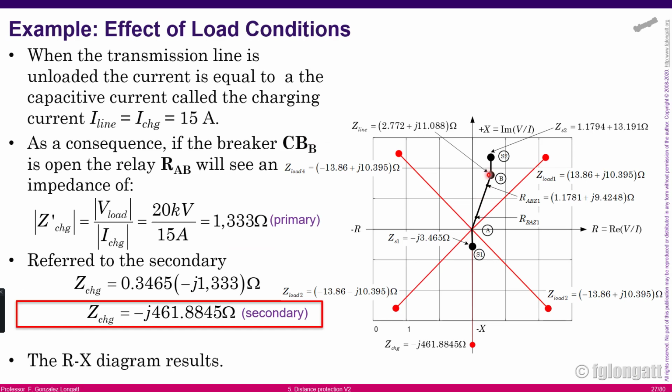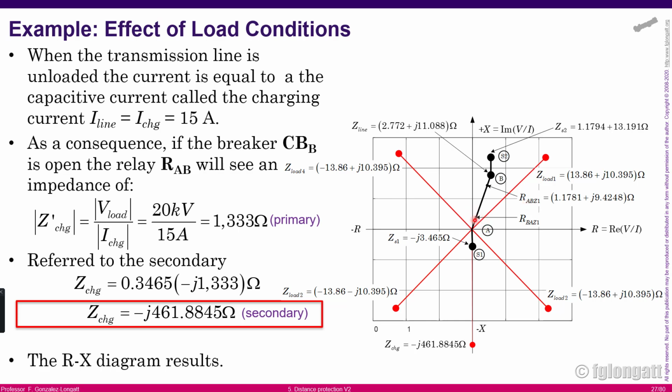This plot between A and B represents the transmission line, and from A to this point over here, that is the setting for the zone number 1. As you can see, this is the total transmission line, and approximately, if you use the proper scale, you will see that this point over here is 85% of the total impedance of the transmission line. This small dot represents the setting for zone 1 of the relay that is looking at the transmission line AB, okay?